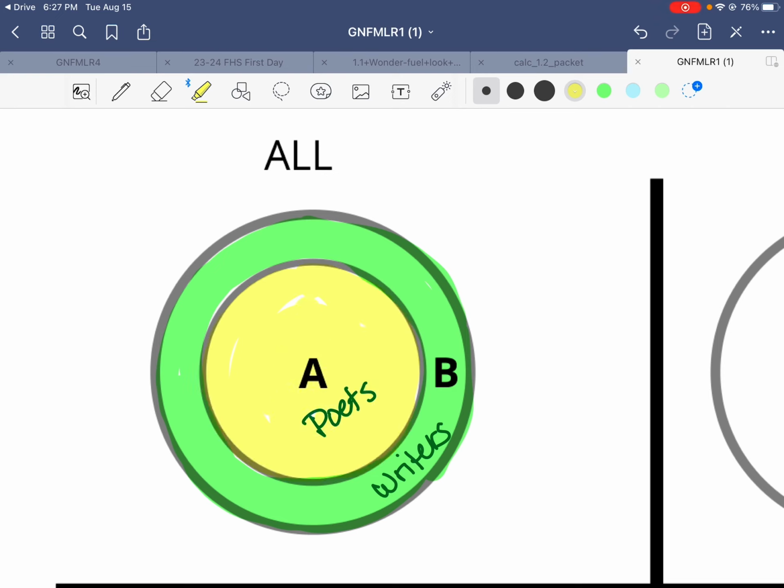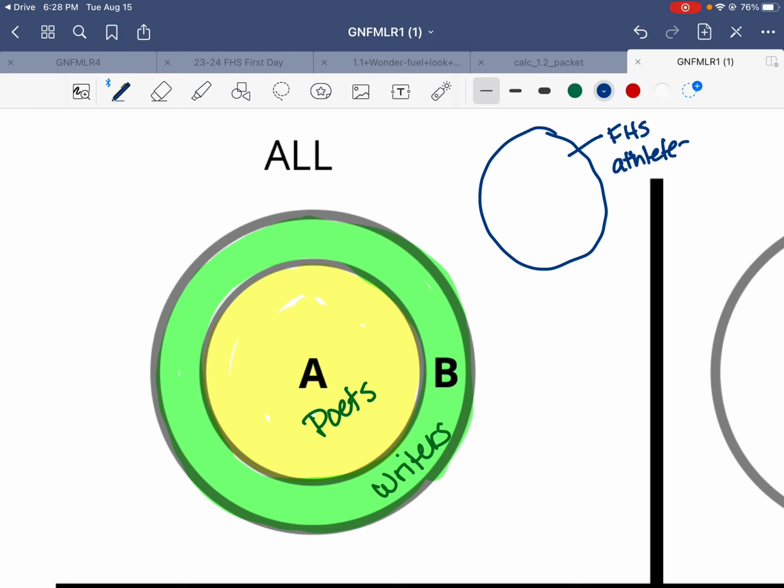That would be the equivalent of, let's do a couple other examples that might make sense. Let's say we have all FHS athletes, but then there's a portion of them which are cross-country. Okay, so not all athletes are cross-country runners, but all cross-country runners are FHS athletes. Well, I should say FHS cross-country. All right, so we've got that visual.